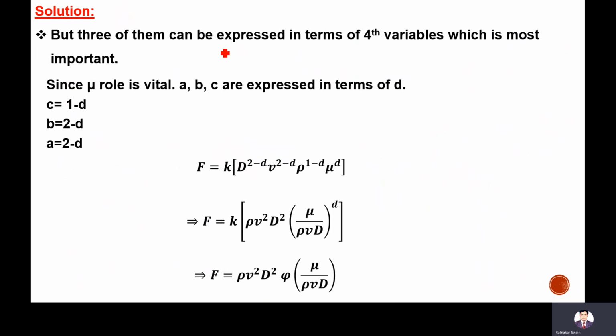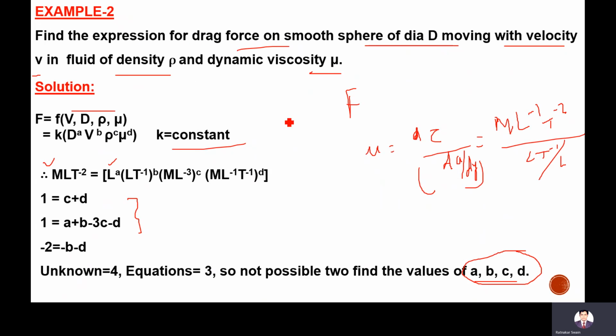So here we have to find which variable is important. Three of them can be expressed in terms of the fourth variable, which is most important. Out of these four variables, which variable is more important? All other variables can be expressed in terms of this fourth variable. It means the A, B, C values.